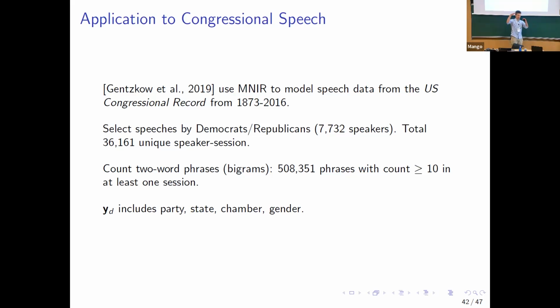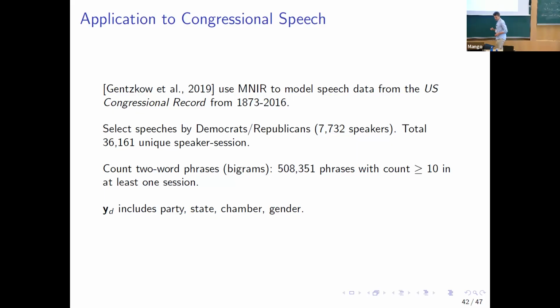So there's a Senate with 100 members, and there's a House with a varying number of members over this time period, but in the hundreds. If I aggregate all of that across the sample, I end up with these 7,700 speakers, and there are 36,000 unique speaker sessions.